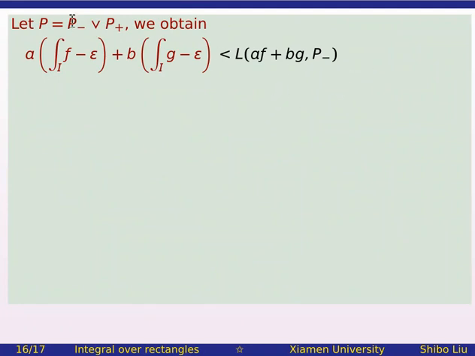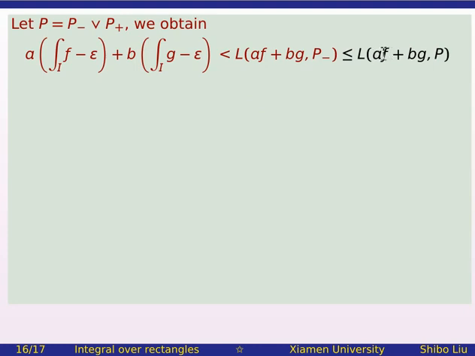But because the P here is the refinement of P minus, it is the common refinement of P minus and P plus. Therefore, it is a refinement for both P minus and P plus. So, using the property of the lower sum, if you refine the partition, the lower sum will increase.